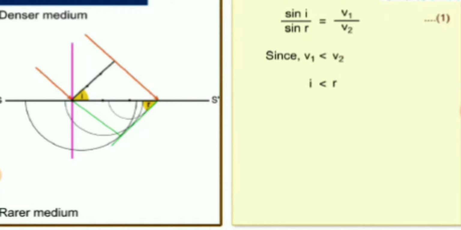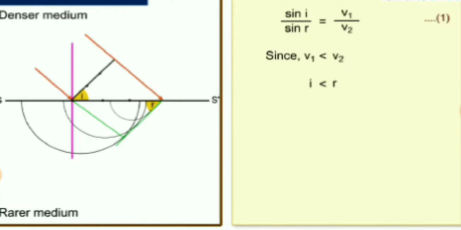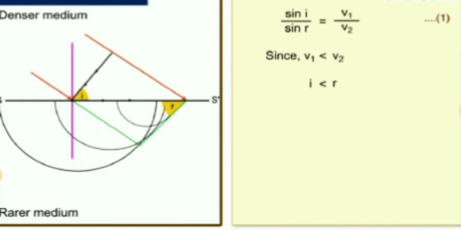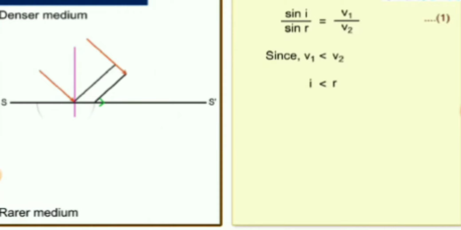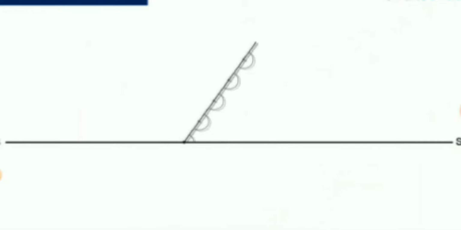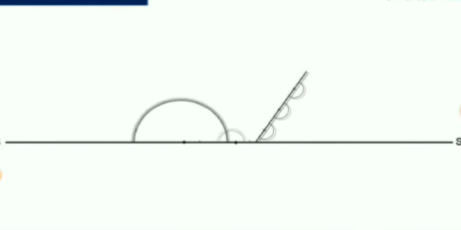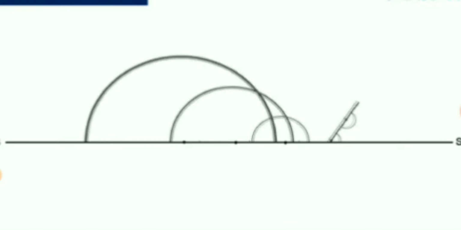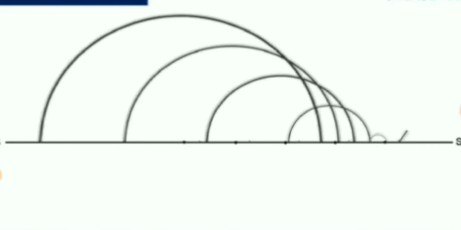If the angle of incidence i is increased, correspondingly, the angle of refraction also increases. For a particular angle of incidence, known as the critical angle, the angle of refraction becomes 90 degrees and the wave grazes along the interface SS'. If the angle of incidence is greater than the critical angle, we will have total internal reflection. As such, the laws of refraction are consistent with the wave nature of light.